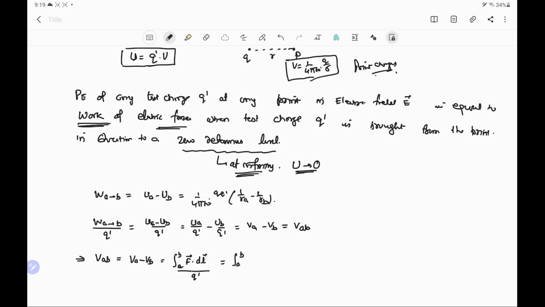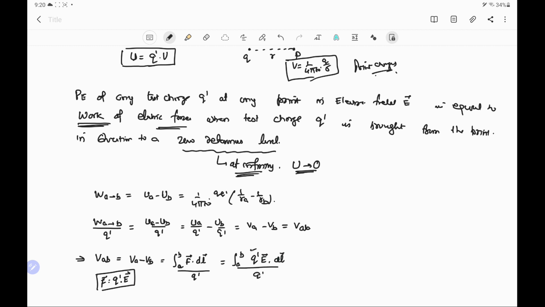F is the electric force on the charge Q dash because of the field created by the charge Q. Therefore, we can say F equals Q dash, this is the charge, and this charge is placed in the electric field E. So the electric force is Q dash E. Therefore, we can write it is Q dash E dot dl by Q dash.